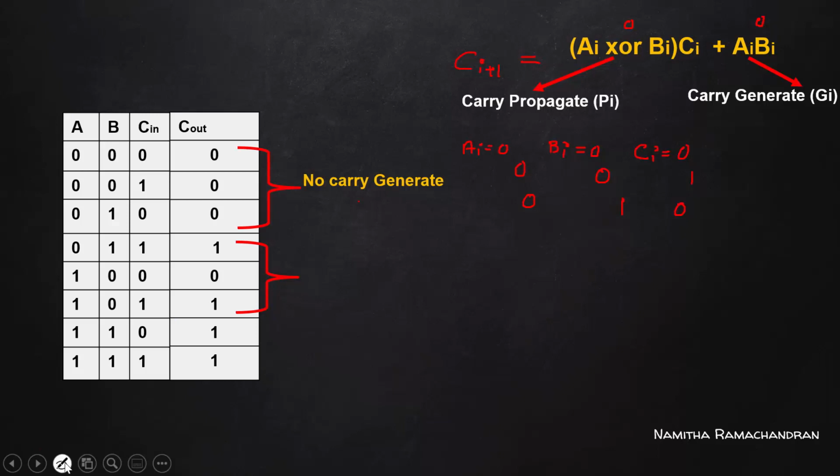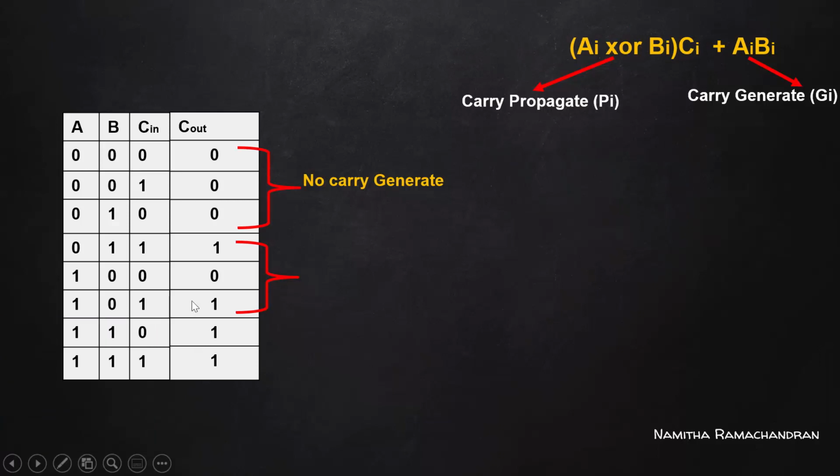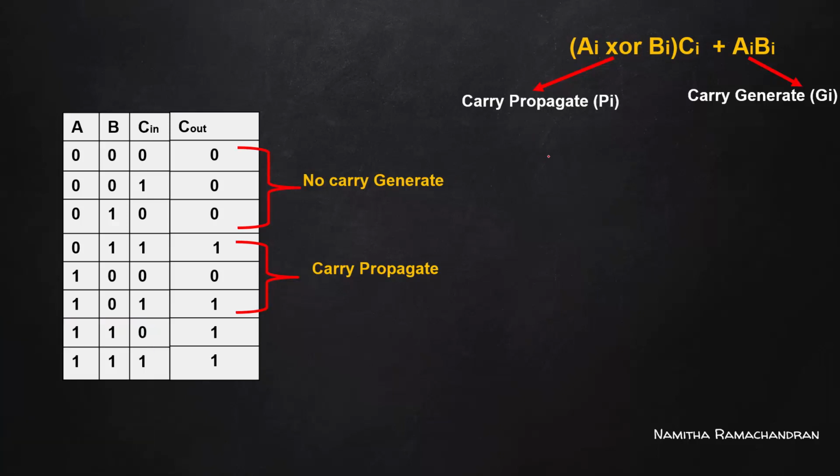So using this expression, let us analyze it. In this particular case, A equal to 0, B equal to 1, C equal to 1. Here A is 0, B is 1.